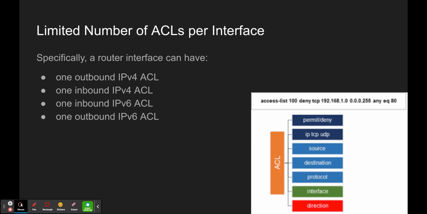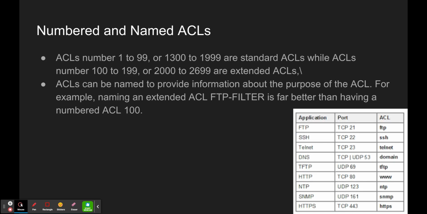Limited number of ACLs per interface. A router interface can have one outbound IPv4, one inbound IPv4, one inbound IPv6, one outbound IPv6. Numbered and named ACLs. ACLs numbered 1 to 99 or 1300 to 1999 are standard ACLs, while ACLs numbered 100 to 199 or 2000 to 2699 are extended ACLs.